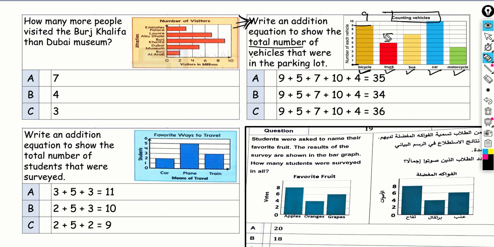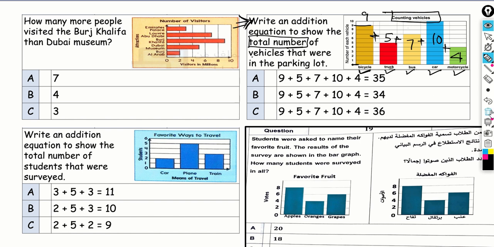How many buses? 7. How many cars? 10. How many motorcycles? 4. It is asking the total number, so you just add them all: 9 plus 5 plus 7 plus 10 plus 4. Add them all and tell me your answer.